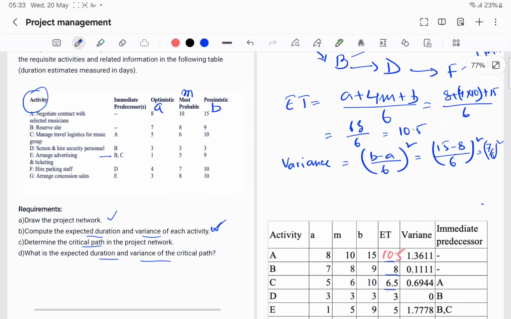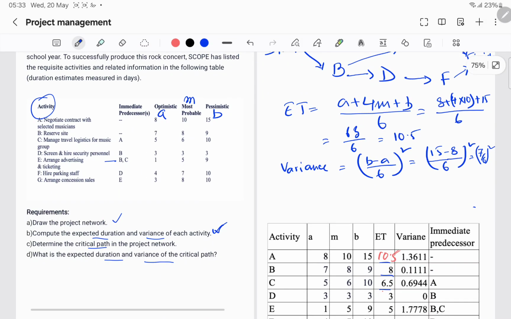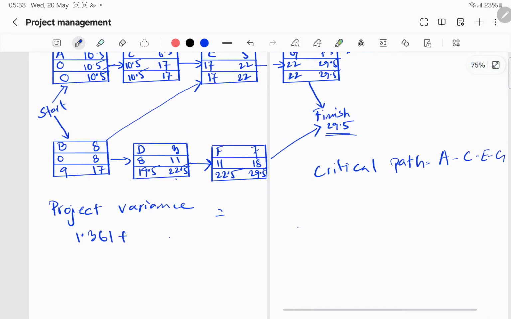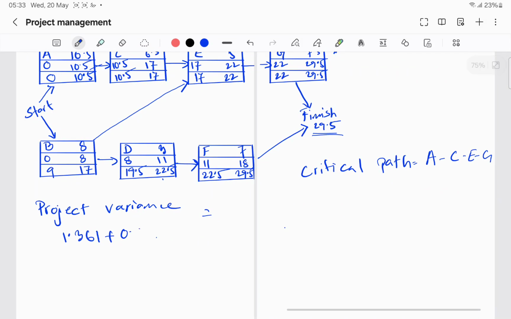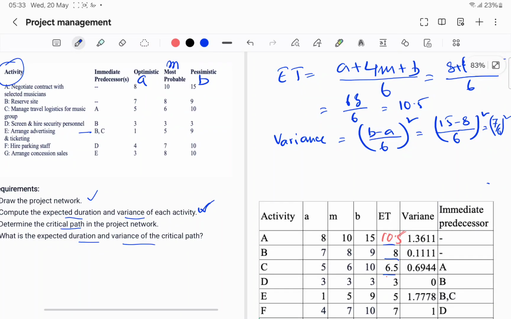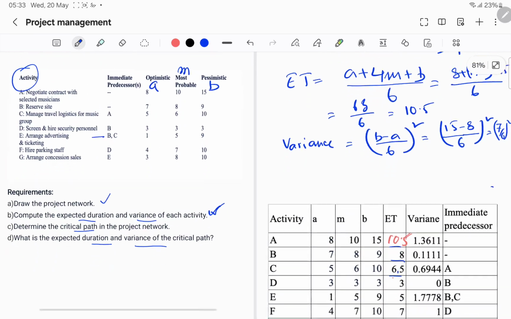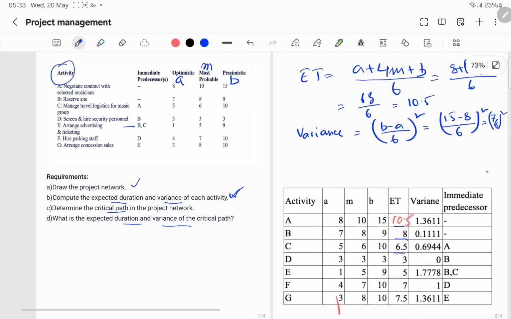Variance for A is 1.36, I will take one more digit, 1.361. C is 0.694. E is 1.777. And G is 1.361 once again.